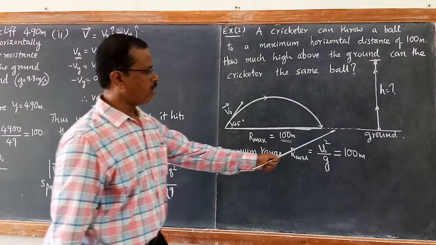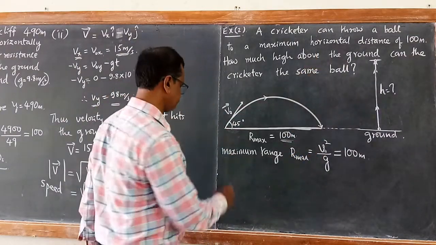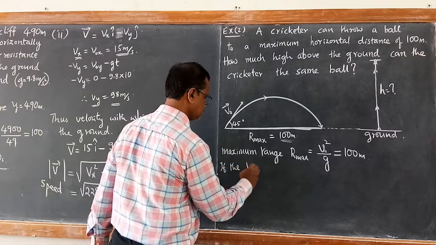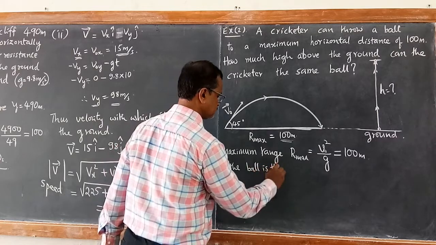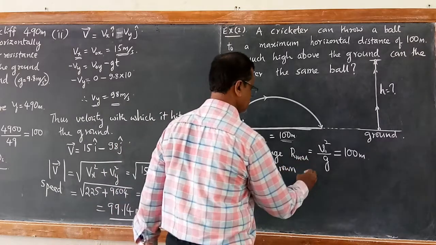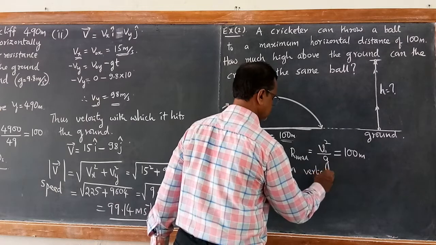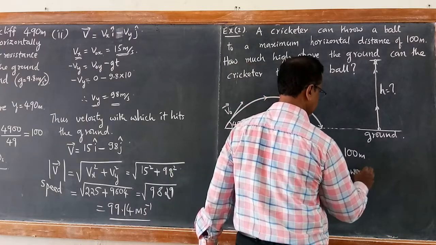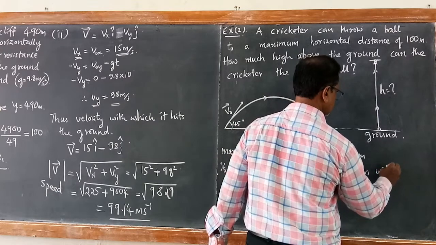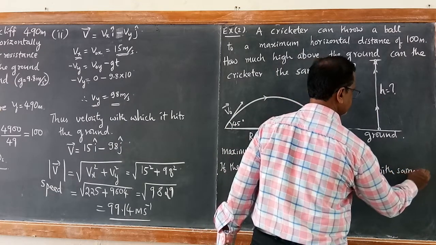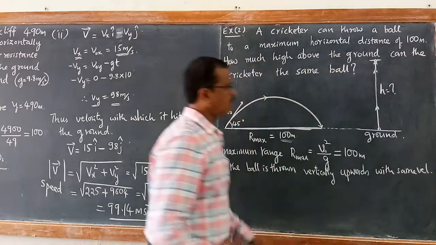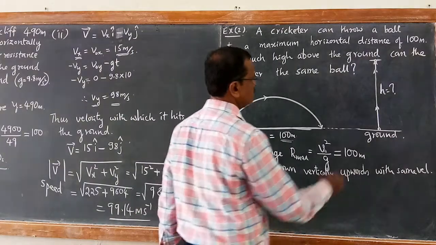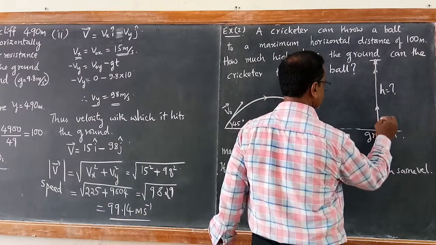If the ball is thrown vertically upwards with the same velocity, how much maximum height can it reach?